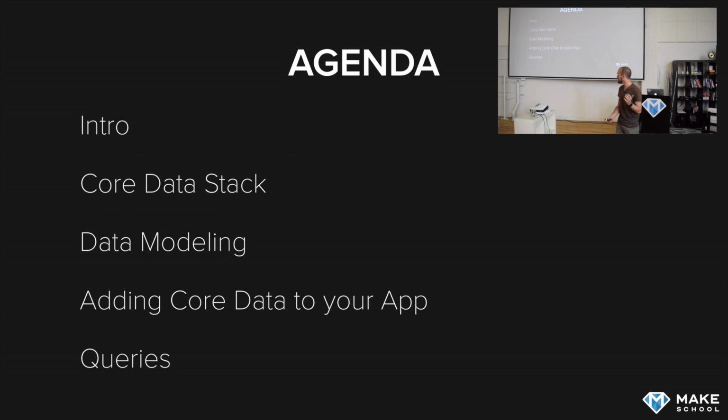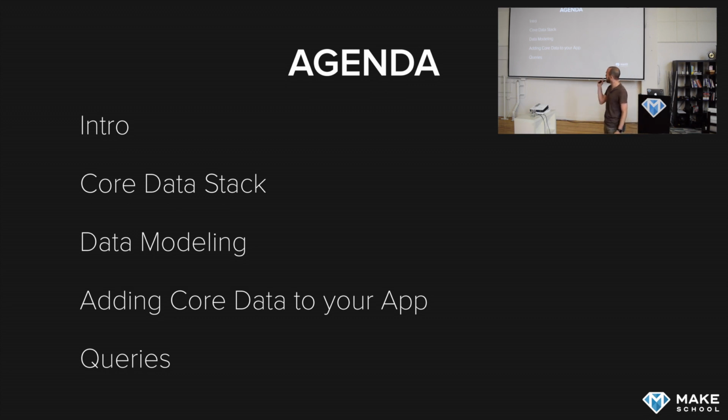Today I want to talk about the core data stack, so you have an idea which are the different APIs that you're going to work with the most and how they work together, so you have a good understanding of how the framework is set up. Then we're going to talk about how you model data with core data. It's actually pretty easy. Xcode provides you with a visual editor to create a model file, to create relationships, to create properties. So that part is pretty straightforward.